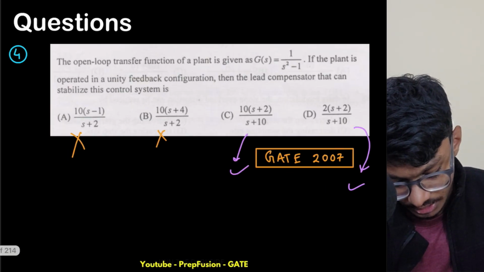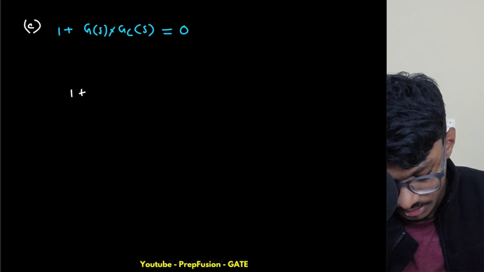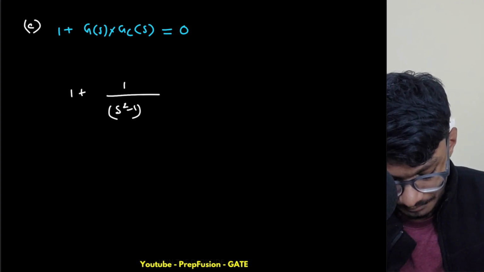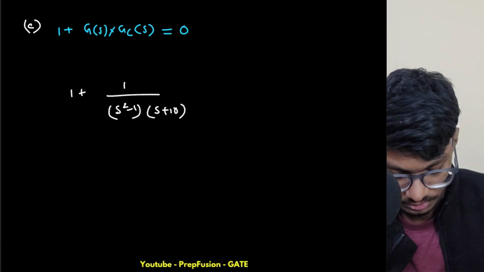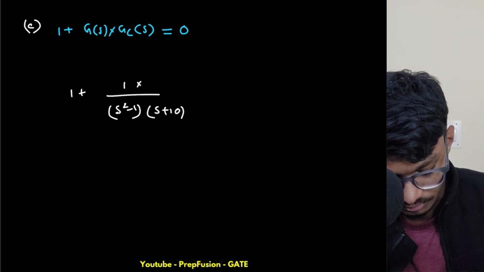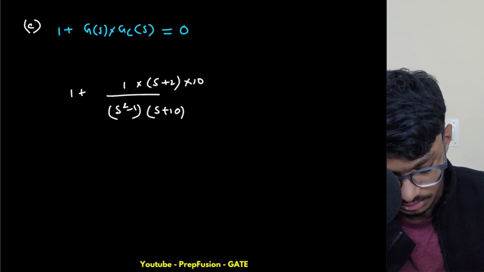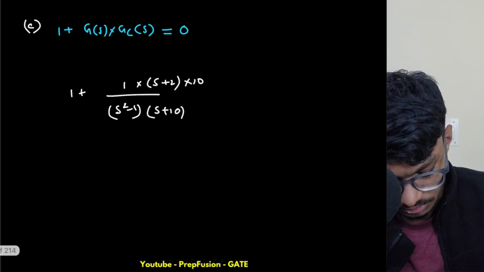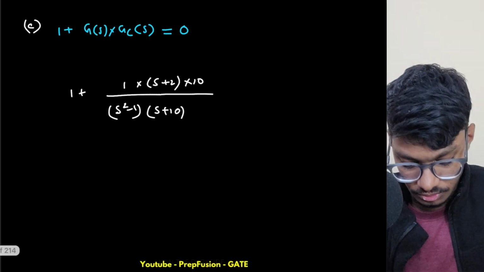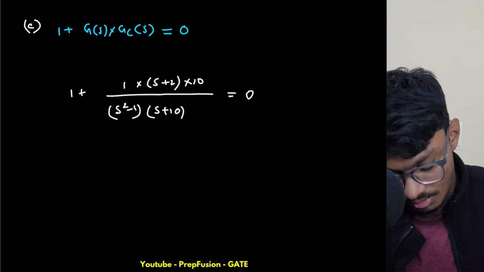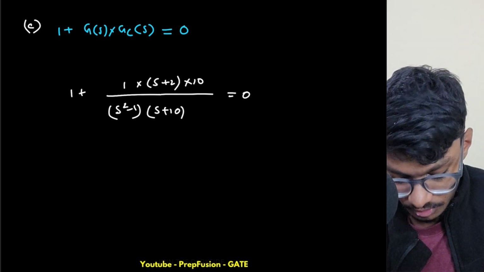So let me write the characteristic equation. For C, this will be 1 plus 1 by s square minus 1, into s plus 10, into s plus 2, and also 10 is there, equal to 0. Now we can simply cross multiply.